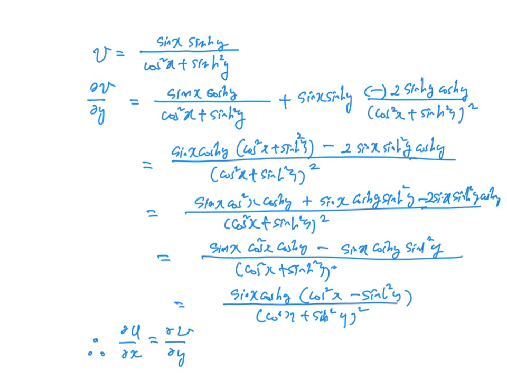Okay, u is cosine x cosine hyperbolic y over cosine square x plus sine hyperbolic square y, right? Let me just double check. So you first differentiate the numerator first.